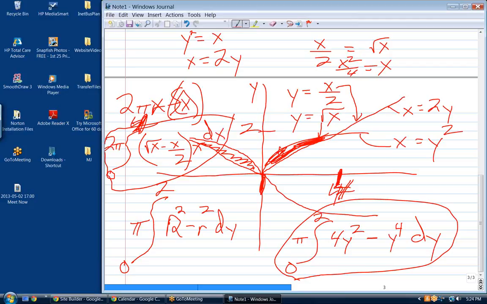In other words, one of my books would draw a rectangle in there and rotate that rectangle 360 degrees about the y-axis. The thinness of this rectangle is that dimension right there, so that becomes the dx.